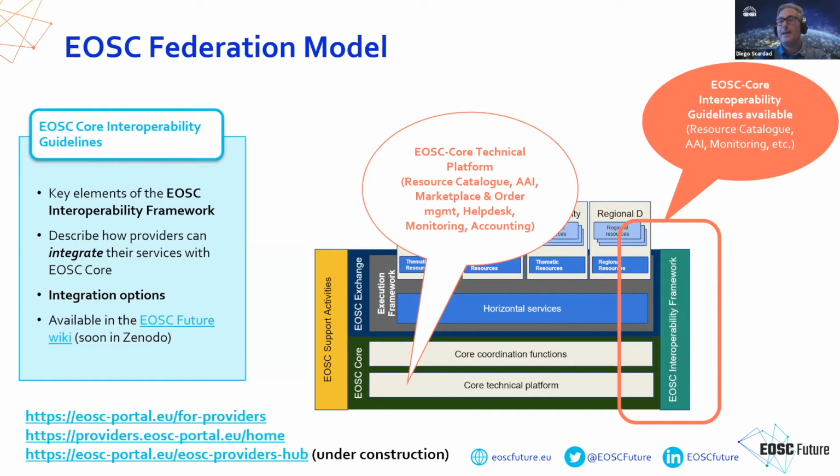The EOSC Core Interoperability Guidelines, which are key elements of the EOSC Interoperability Framework, describe the procedure that a provider should follow to integrate with one or more services of the EOSC core. For example, the guidelines for the resource catalog describe the procedure a provider should follow to register its services in the catalog. The interoperability guidelines for the AAI describe how to join the AAI Federation and so on.